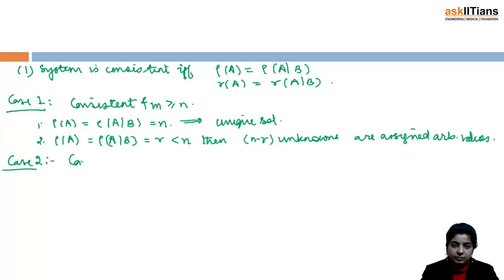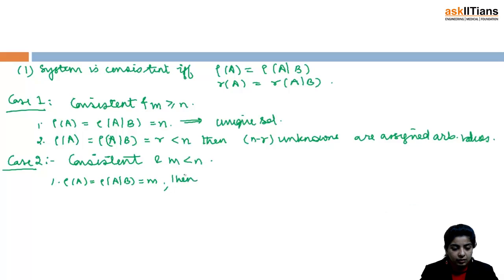Now we have the system is consistent and M is less than N. If M is less than N, again I have rank of A is rank of A augmented B, but that is equal to M. Then N minus M unknowns can be assigned arbitrary values.